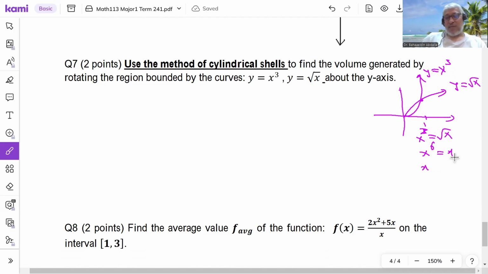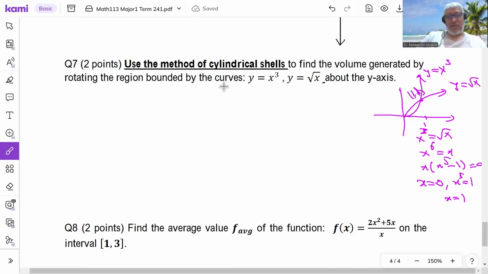If you bring x to the other side and take it as a common factor, you will have either x is 0 or x to the power 5 minus 1 equals 0. So x to the power 5 equals 1. And if you take the fifth root, x would be equal to 1. Of course, this equation has another 4 roots, but we need the real roots, so 0 and 1. So this point is in fact 1 and 1, because if you replace x by 1, you will get y equals 1.